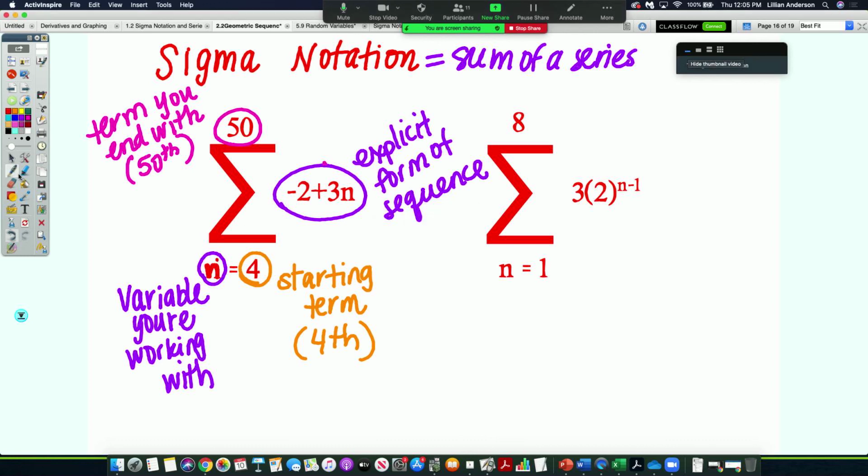So how you use the sigma notation, well, actually, hold on, before we do that, let's take a look at the second example, okay? Again, as we can see, our variable is n, so that means that it's going to be the variable I'm dealing with in my explicit formula.